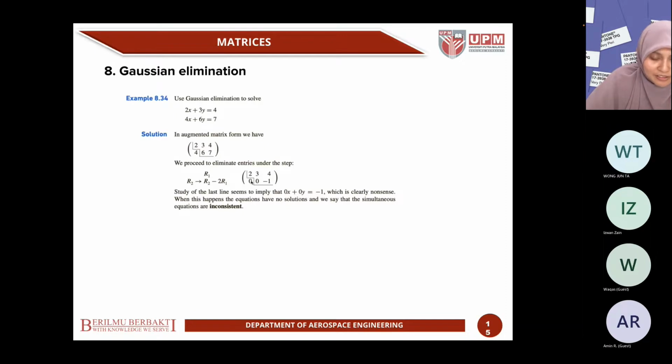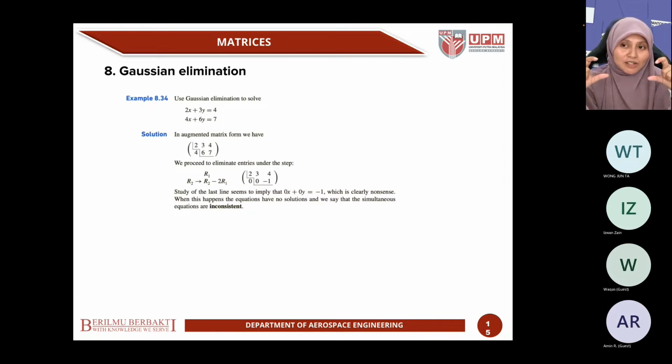Once you have eliminated the number 4, the first component, since it is a linear equation, you cannot eliminate just the first number. You have to do it for the rest. So R2 becomes R2 minus 2R1, applied to all the components, because it is still one equation.